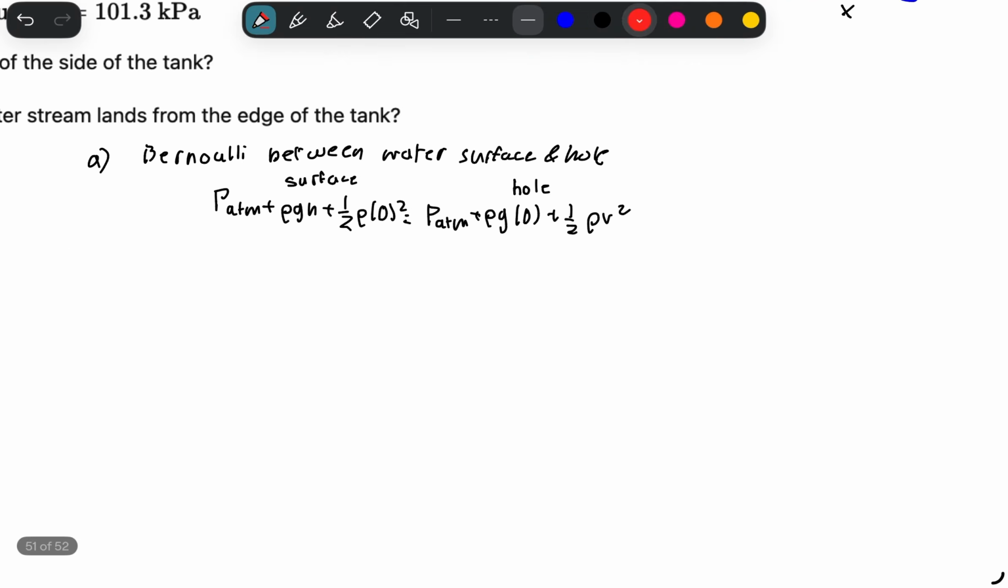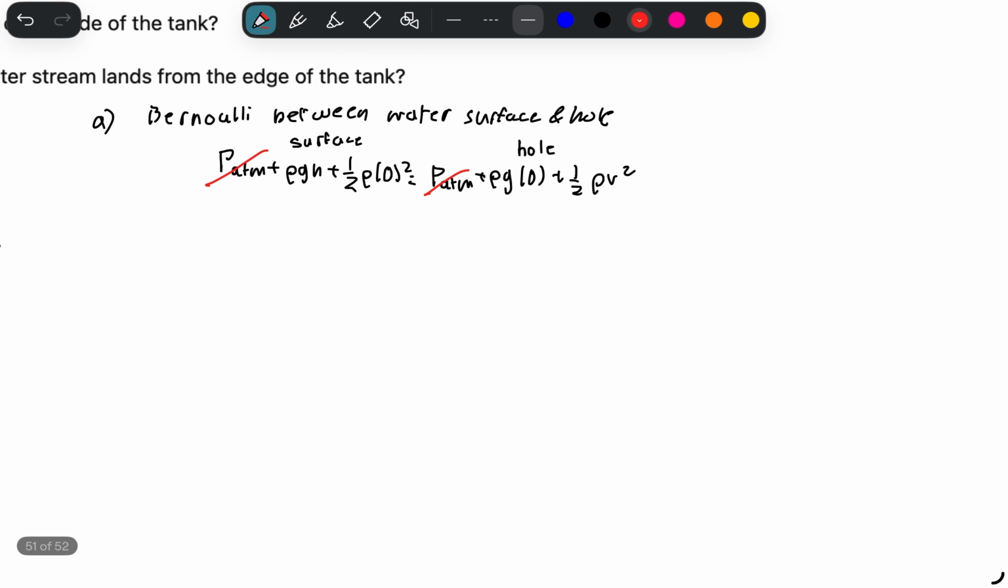Now we see that P atm is on both sides. If you subtract P atm from both sides, it cancels. And this term is times 0, so that's equal to 0. This is also equal to 0.